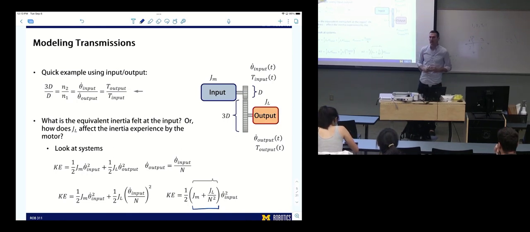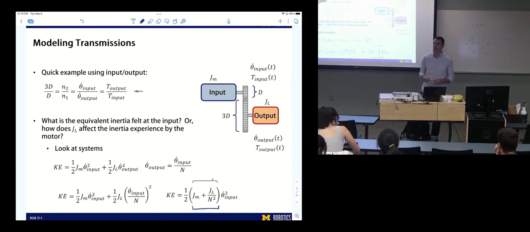So for a transmission ratio of something like 70, we're dividing that load inertia by a large number. So the inertia that ends up coming mostly into play on the motor side is the inertia of the motor itself, because all the inertia of the output gets reduced by the transmission ratio squared.